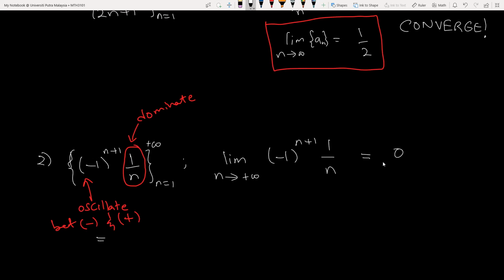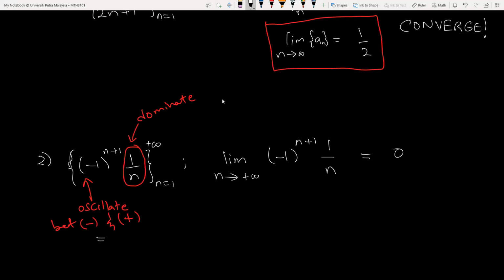You can also check using L'Hopital's rule if you want, but by understanding the behavior of the oscillation and then the domination, you can see that this one goes to 0, Sn goes to 0.